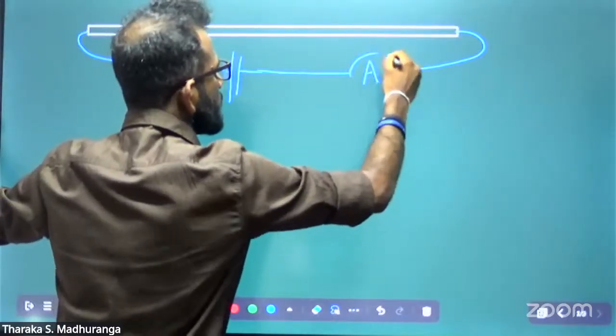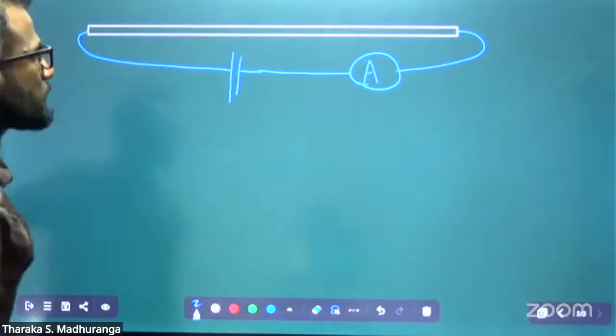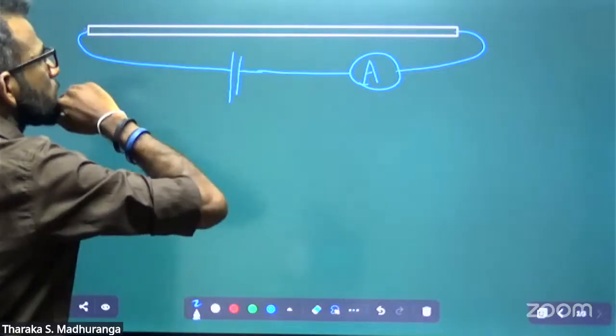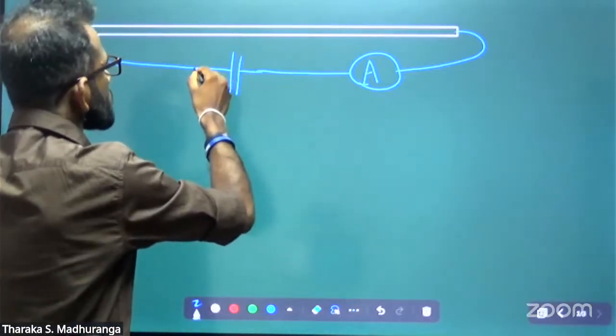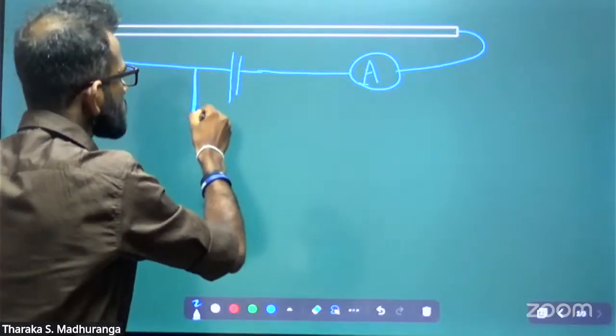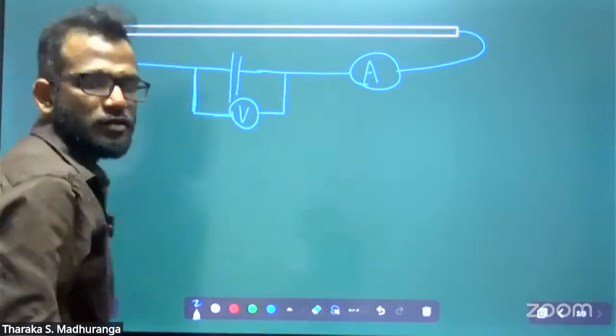The ammeter we connect in series, and again I connect a voltmeter to this battery. The voltmeter should be in parallel.